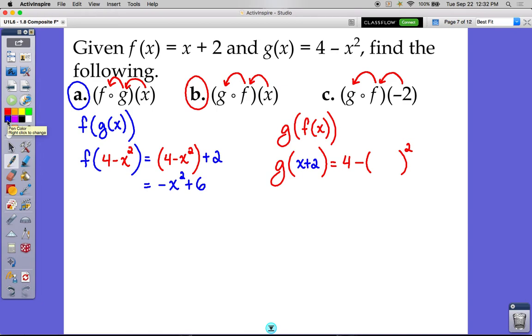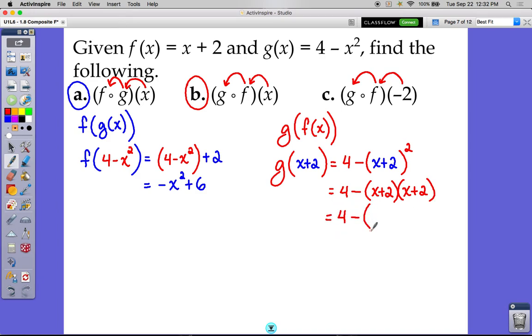I'm replacing the x with x plus 2. Notice I did not replace the minus, I did not replace the square. This one requires a little bit of work because I have a parentheses squared. So this becomes 4 minus x plus 2 times x plus 2. The minus cannot be ignored either.